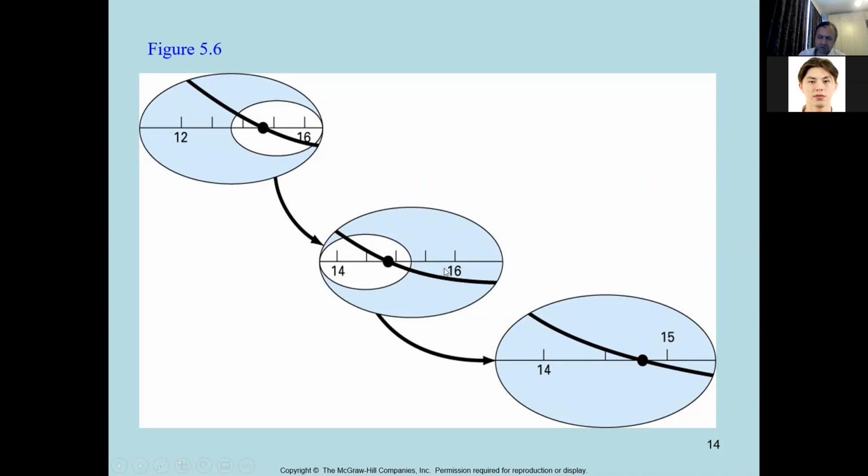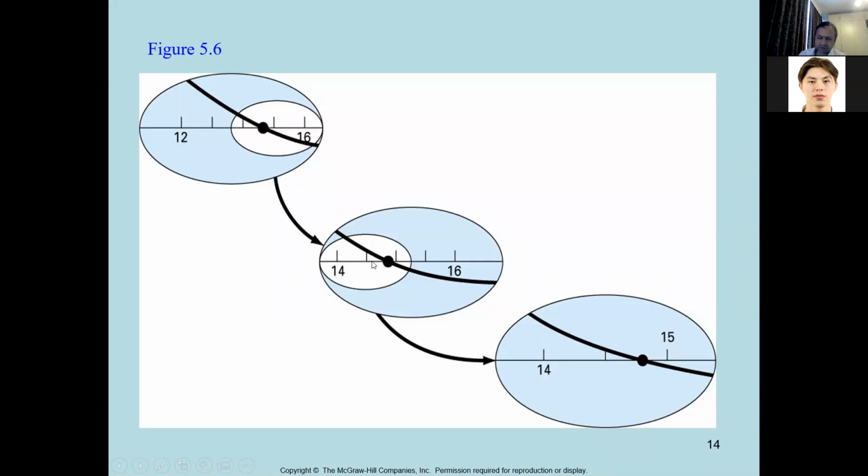Now we further zoom in to this situation, and we can see that after 14 there is 14.5, and then there is this 15. So the solution lies between 14.5 and 15.